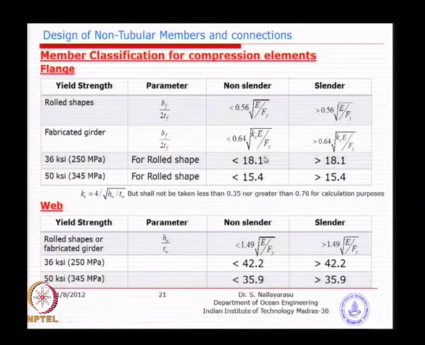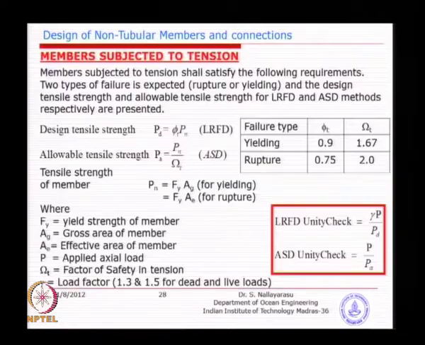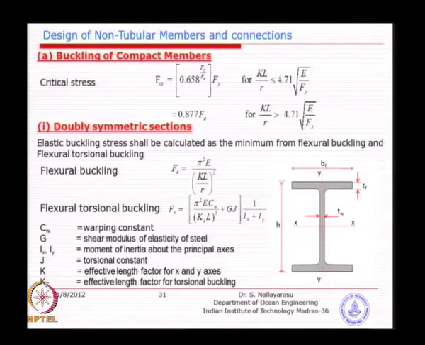We were all looking at the web and the flange, finding the width to thickness ratio. As long as they fall within this category, they are non-slender elements, which is basically compact. That is what we were looking at just now. That is why subclass A is for buckling of compact or non-slender; I would put rather non-slender.